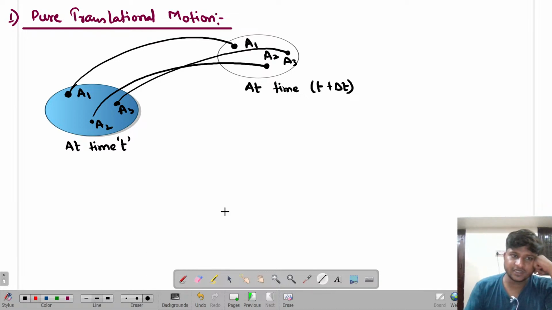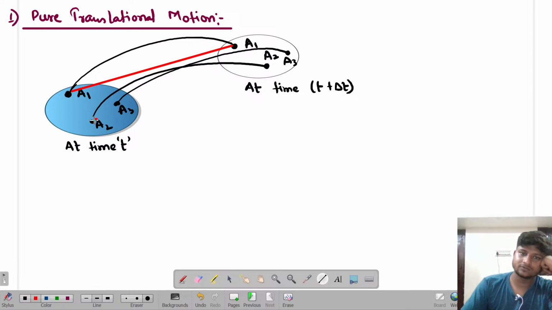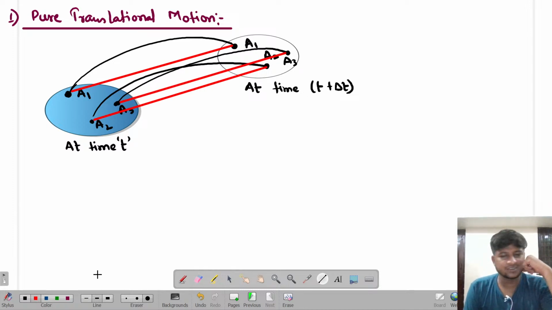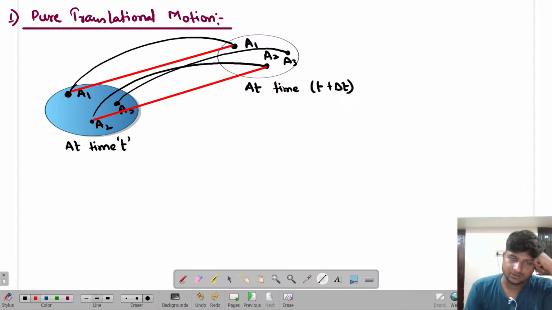Okay, what is the displacement in A1? This one. Displacement in A2, this much. Displacement in A3, this much. What is common between these three red lines? Are they of the same length or not? Yes. So that is called translational motion.